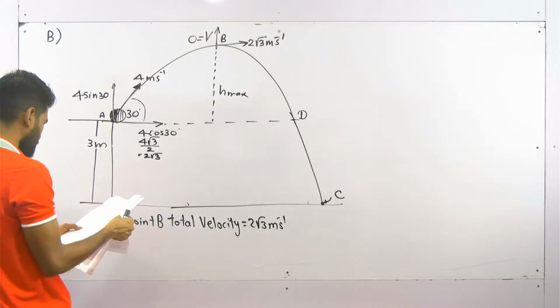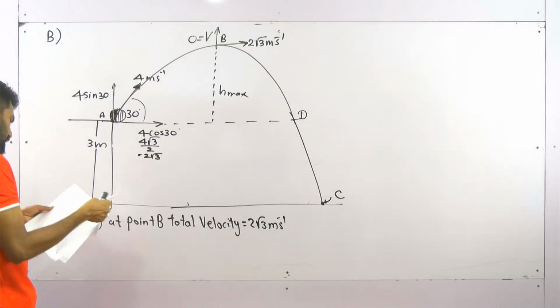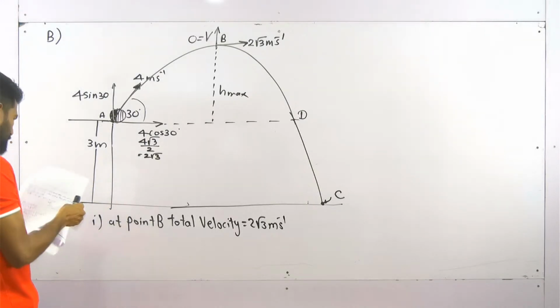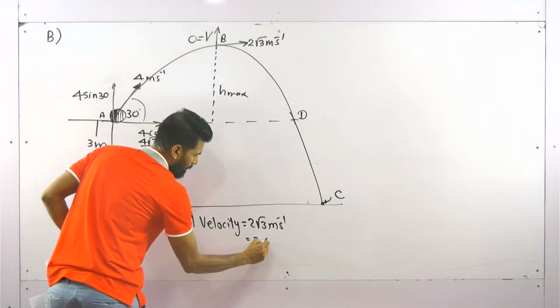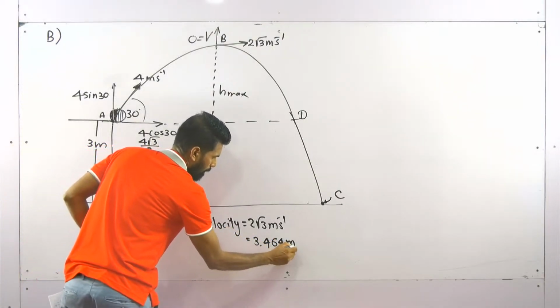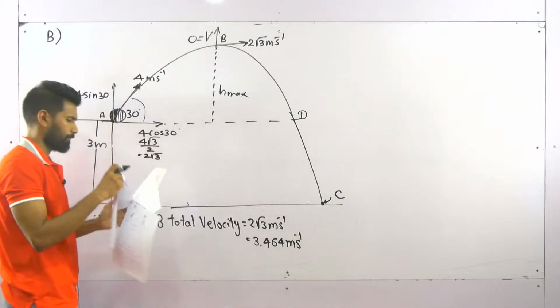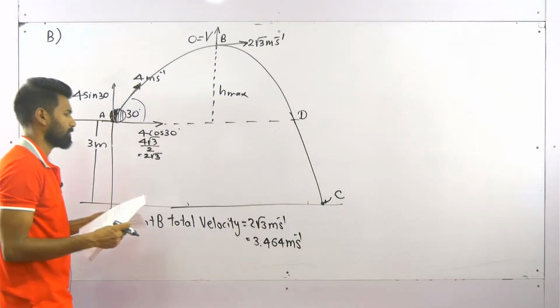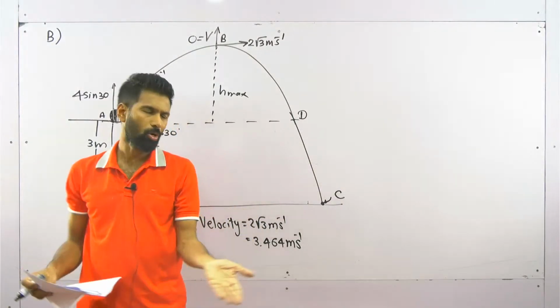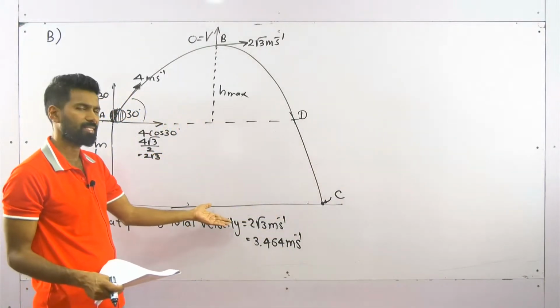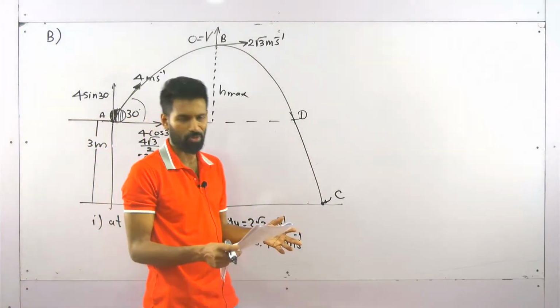That means, I'll give the simplified answer, 3.464 meters per second. At point B, the total velocity is 3.464 meters per second. It's the horizontal velocity component, as there is no vertical component at the highest point.